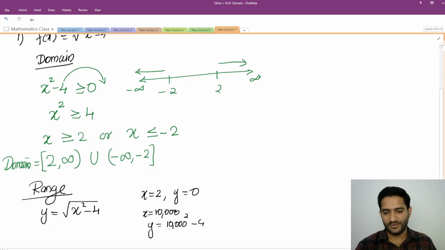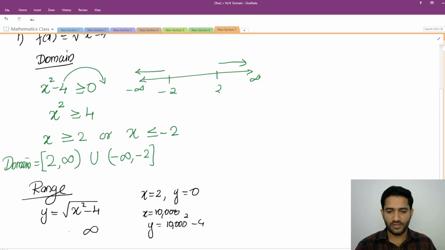And square means we want to write 8 zeros. So that means y value will be greater than 10,000, greater than 1 crore, greater than 1 million, greater than 1 trillion. So we'll get infinite.